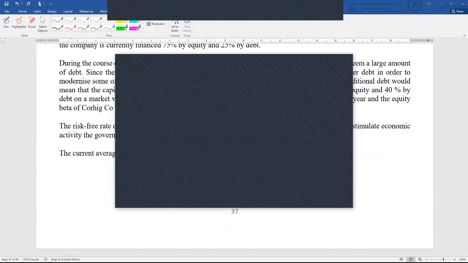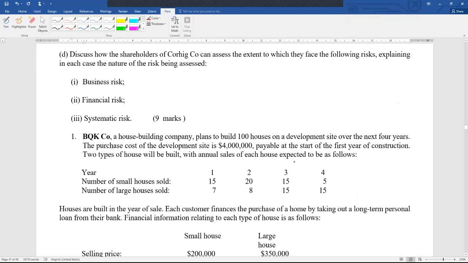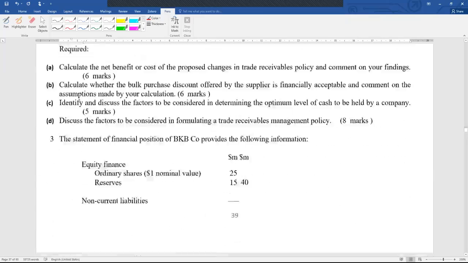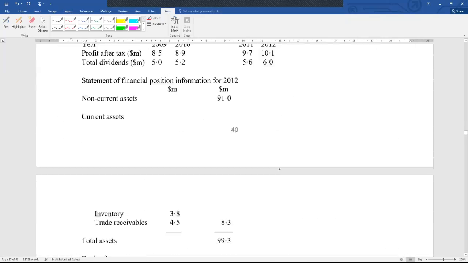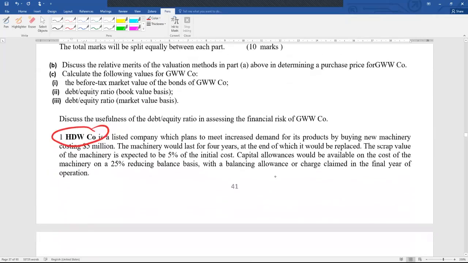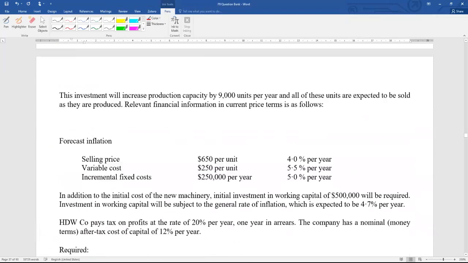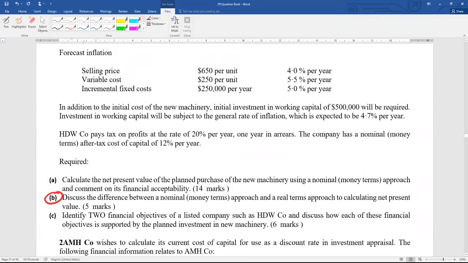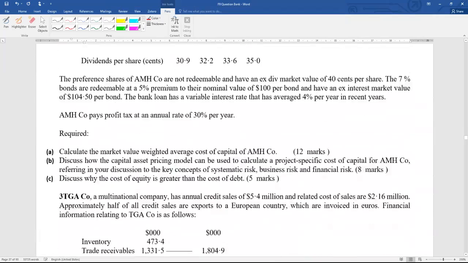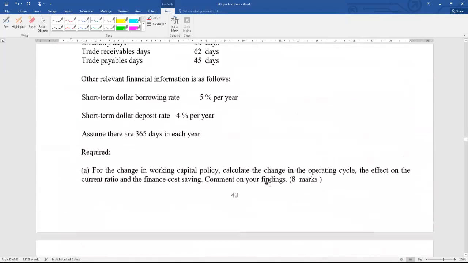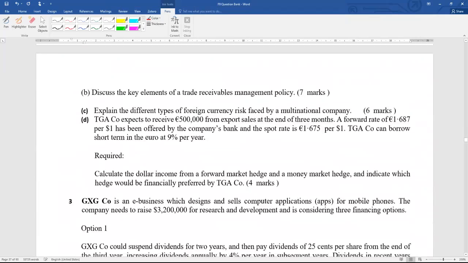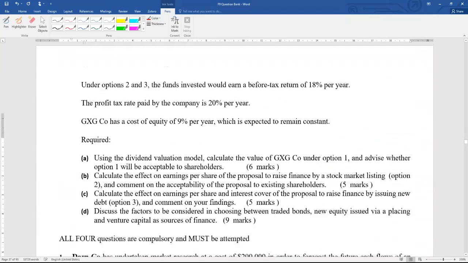Why did we get the tax savings? It was page 41. Remember it was Done company.